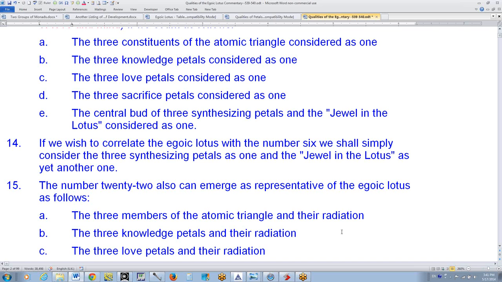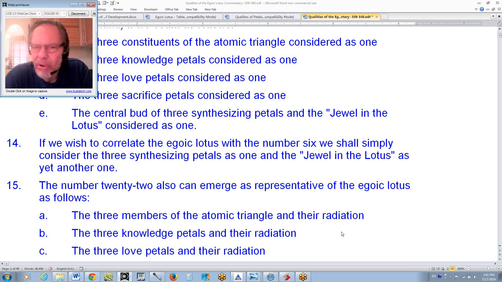That's 4. The love tier is another 1. That's 5, and the jewel in the lotus is the 6. And there, because it would represent the 6, it would be a representation of the monad, whose number is in a way 6, just the way the number of Shambhala is 6 when you reduce the number 24.